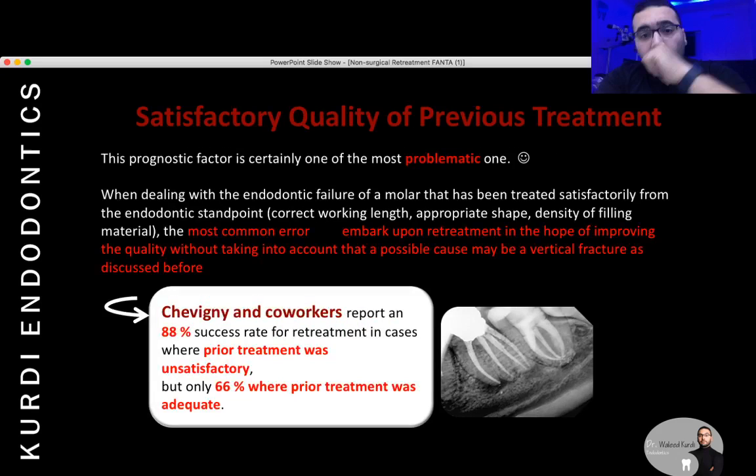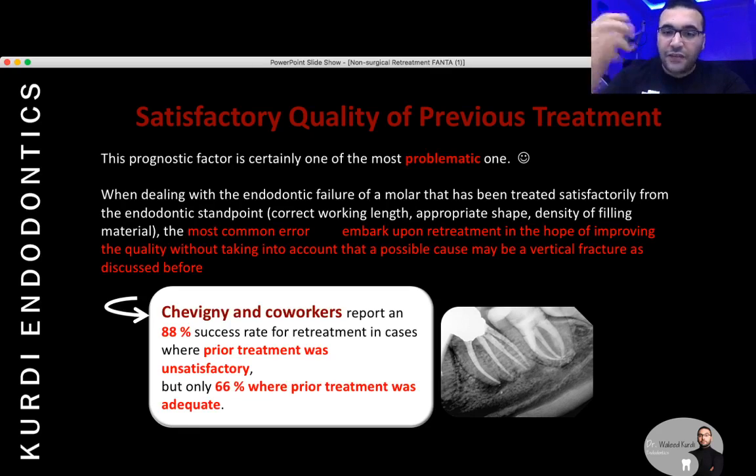Also, the satisfactory quality of the previous treatment is a very important factor. When you want to make a retreatment, you should know the quality of the previous treatment. Because if the quality of the previous treatment is good, the success rate will be less, because the previous dentist did everything he could do, or even what should be done, to the tooth.